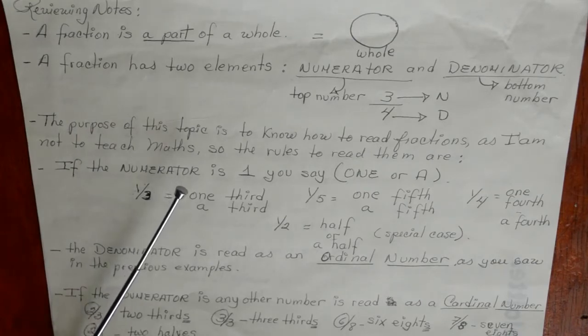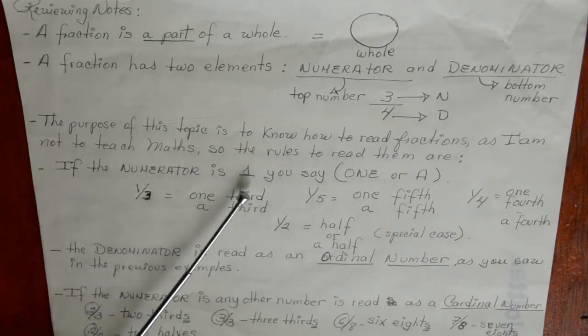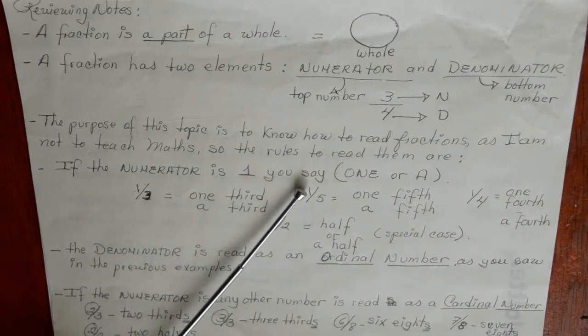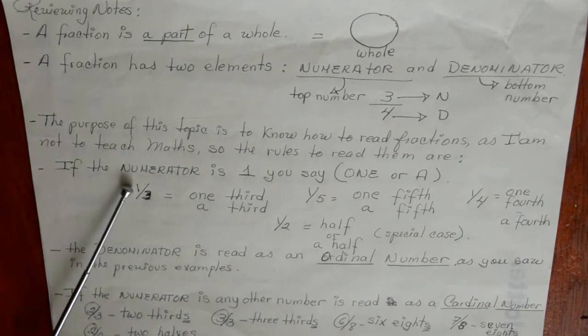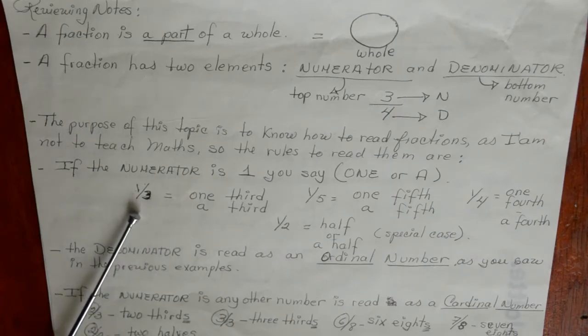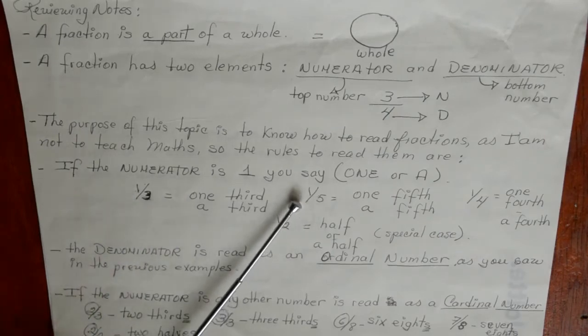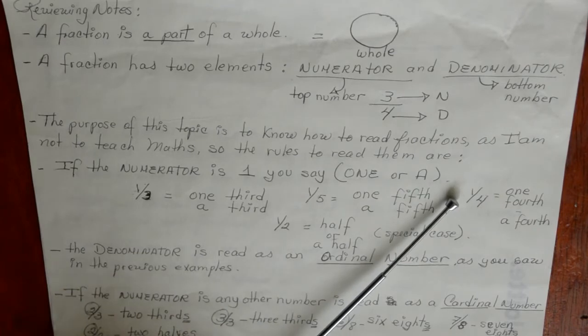So the rules to read them are: 1. If the numerator is number 1, you are going to say one or a. Here we have 1/3, or a third, 1/5, or a fifth, 1/4, or a fourth.